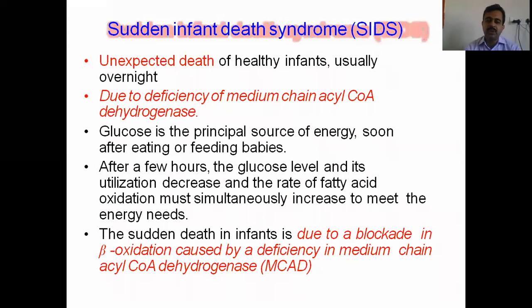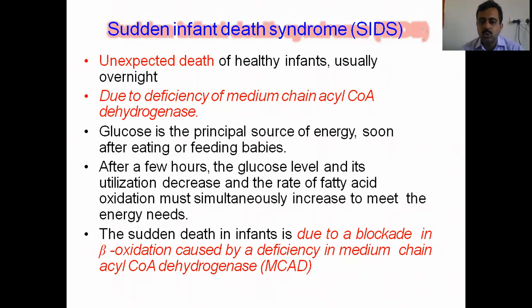Now, this is a part that is associated with what happens if the oxidation doesn't take place in a proper way. Unexpected death of healthy infants, usually overnight, during the deficiency of medium chain acyl coenzyme A dehydrogenase. So the enzyme specific for the conversion of acyl coenzyme A is very important, playing an excellent role.